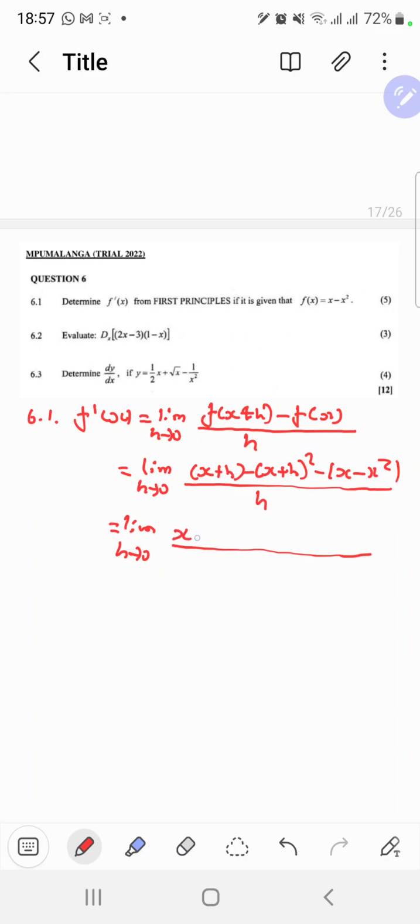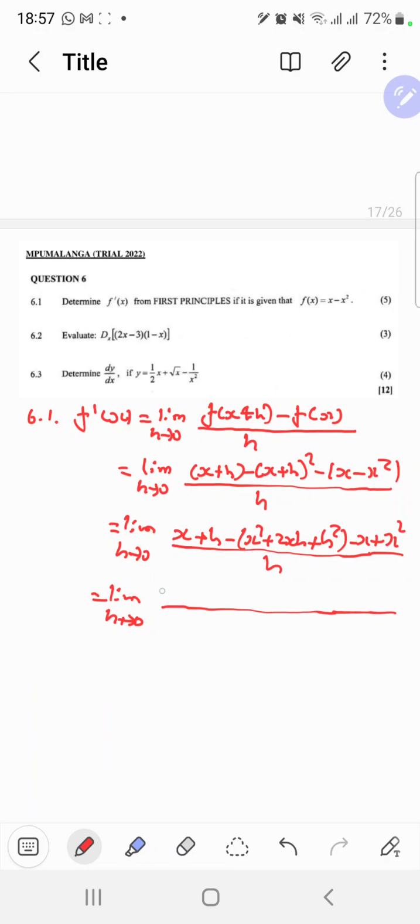Now, this is effectively x plus h minus x squared plus 2xh plus h squared, minus x plus x squared, over h, the limit as h tends to 0. So we have here x plus h minus x squared minus 2xh minus h squared minus x plus x squared.